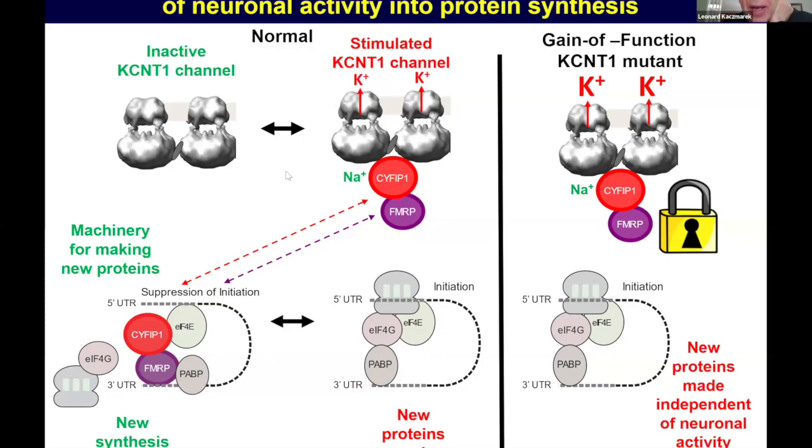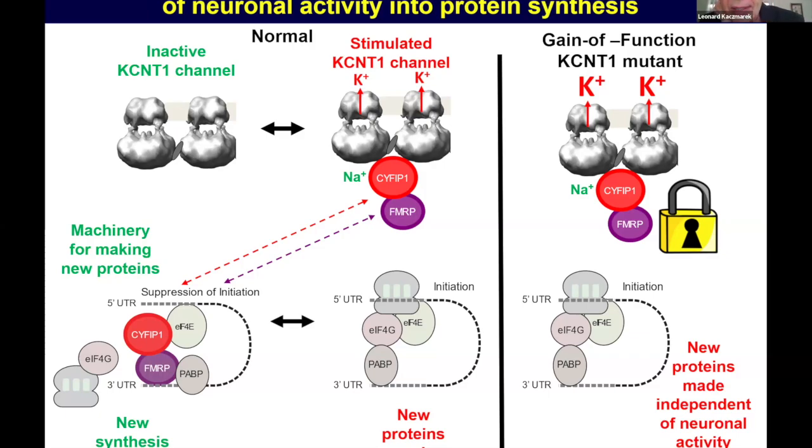So now these bind more tightly, the channel is active, and in fact, FMRP itself stimulates the activity of the channel, so the channel becomes even more active during neuronal firing. But this results in the loss of these two inhibitors of translation at the initiation complex and triggers the synthesis of new proteins.